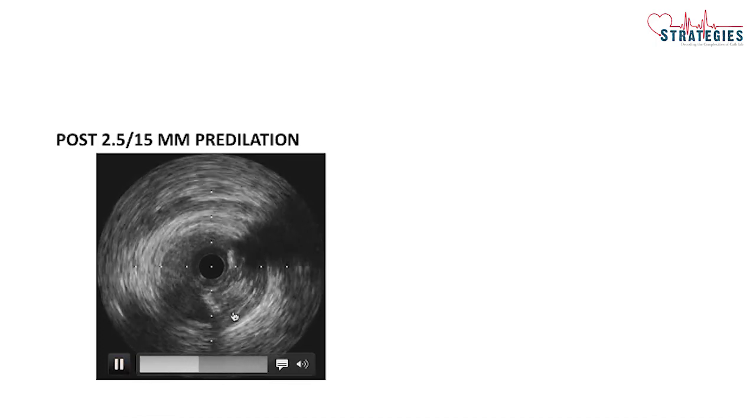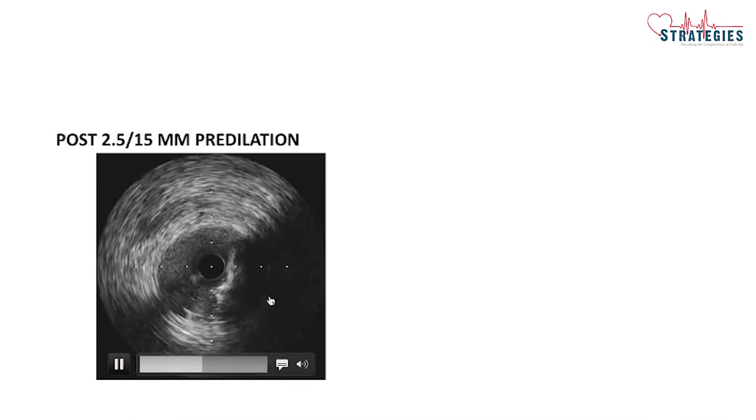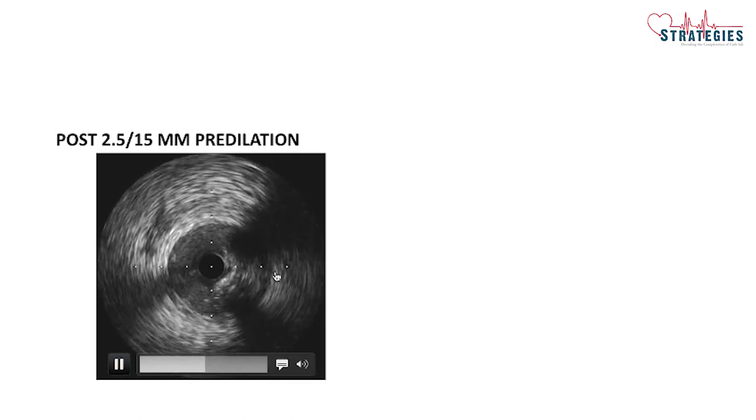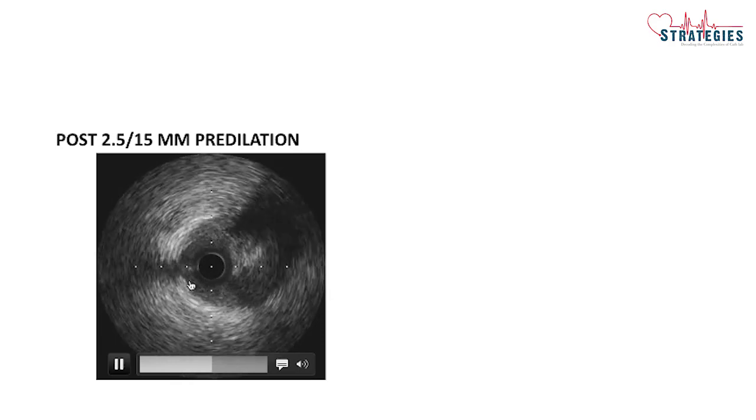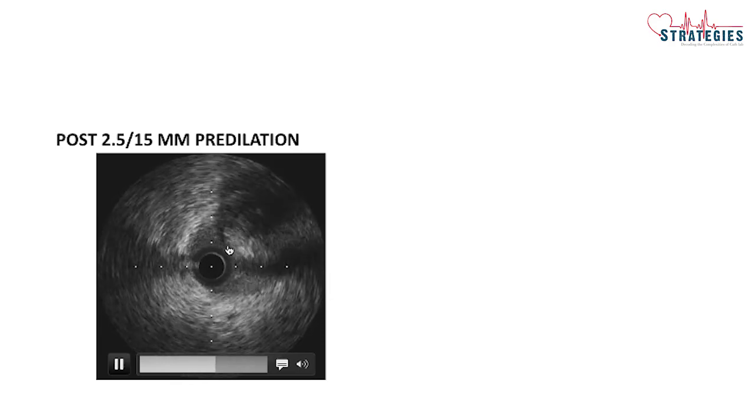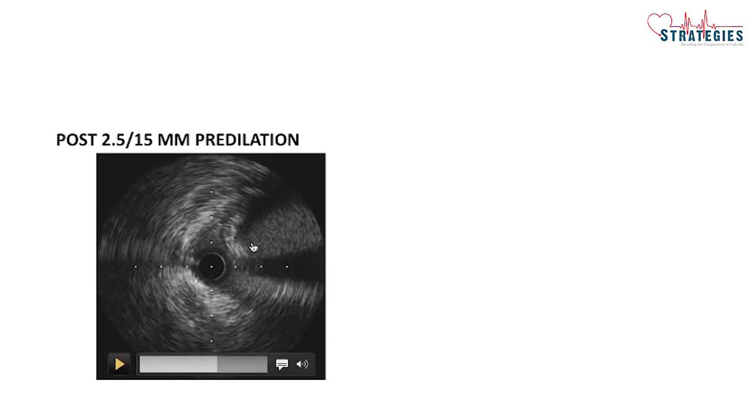So this is all true lumen which is compressed and sitting at 3 o'clock position, and this is all false lumen, in which my catheter is here. You can see clearly, this is the false lumen in LAD through which my IVUS catheter is coming, and this is the septal artery.